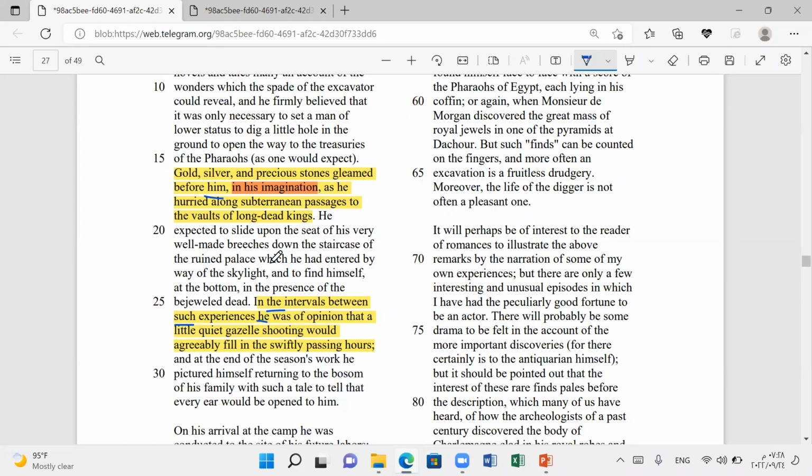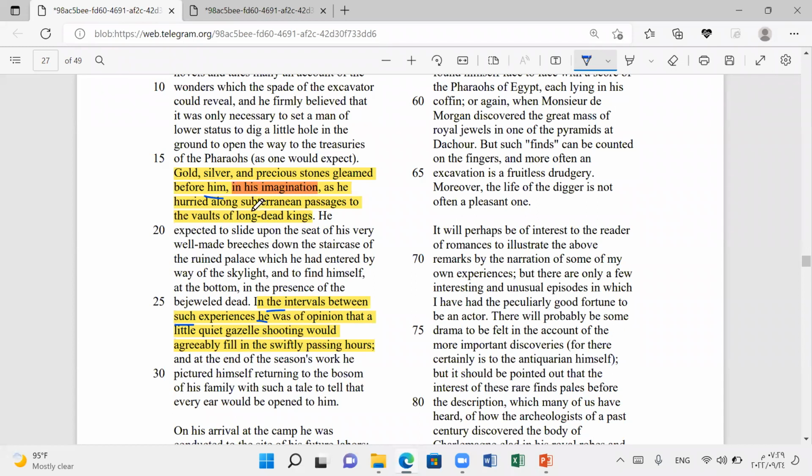I want to make sure that what is before is referring to the experiences I came to understand, and he is referring to the same guy I'm talking about, the professor. He expected to slide upon the seat of his very well-made breeches down the staircase of the ruined palace, which he had entered by the way of the skylight, and to find himself at the bottom in the presence of the bejeweled dead.